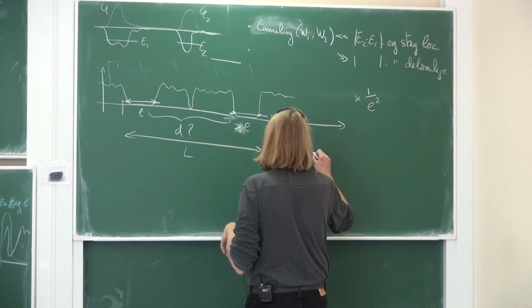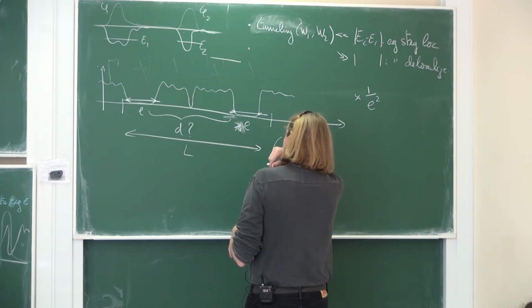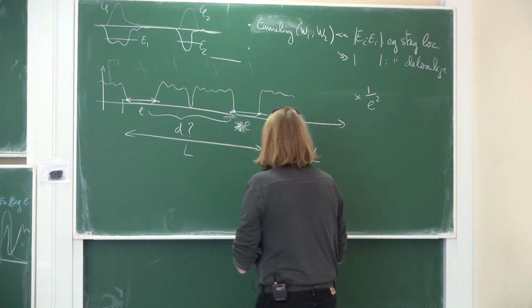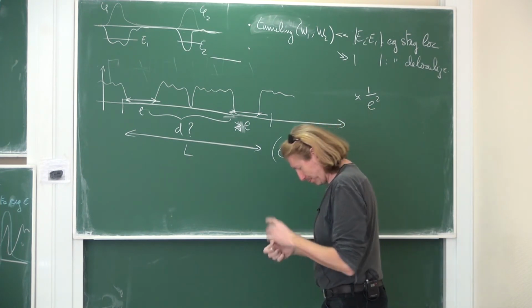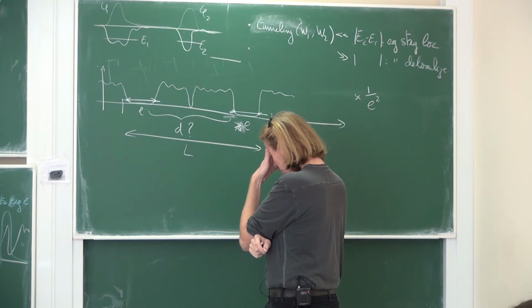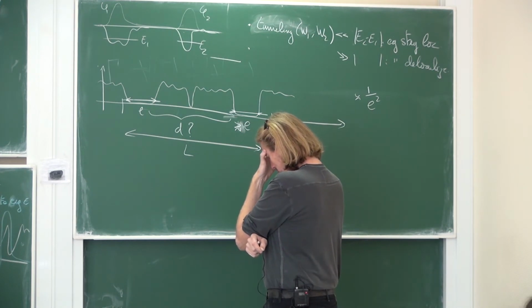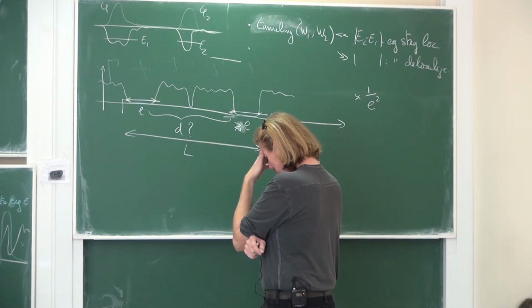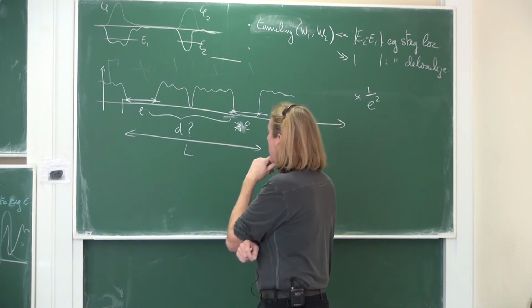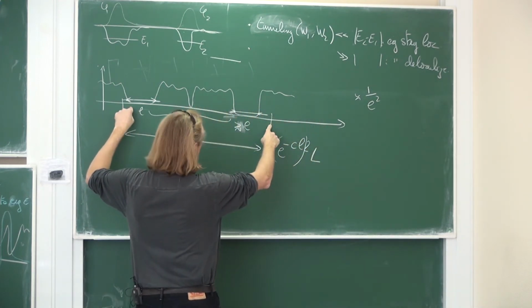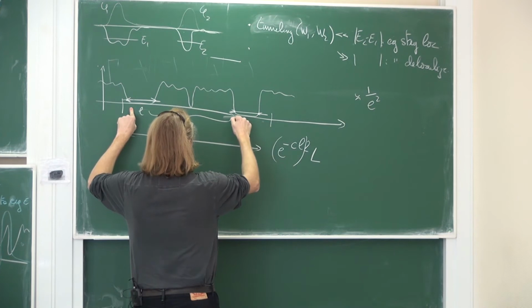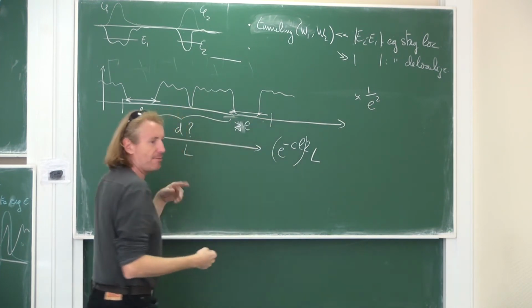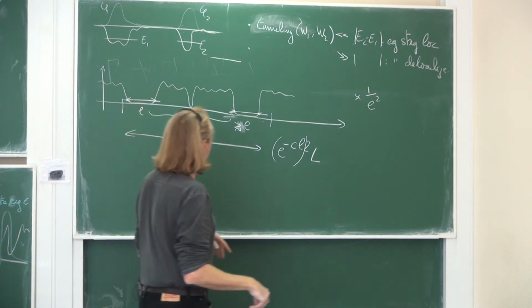So one thing that is for sure: if I imagine that the random variables are given as in the Anderson model, take a lattice here. At each point of the lattice, you have an independent random variable.